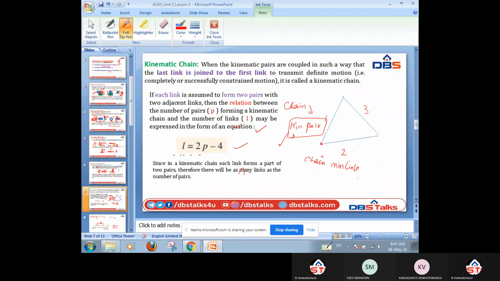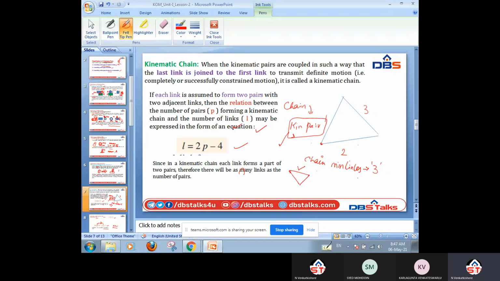Minimum links required is at least 3. If one link is there and a second link, is this a kinematic chain? No. The first and the last must be connected. So for a kinematic chain, the minimum requirement is 3 links.